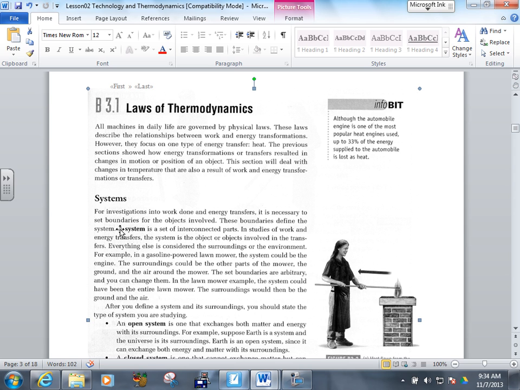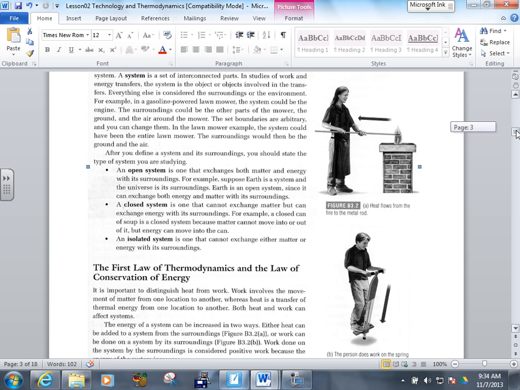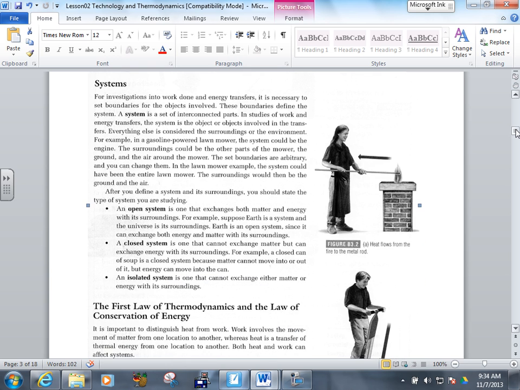There's 3 kinds of systems, and they're classified based on how they deal with energy. An open system, and most things are open systems, is one that exchanges both matter, so actual material, and energy with its surroundings. The surroundings are everything that's not directly connected to the system, but is around it.